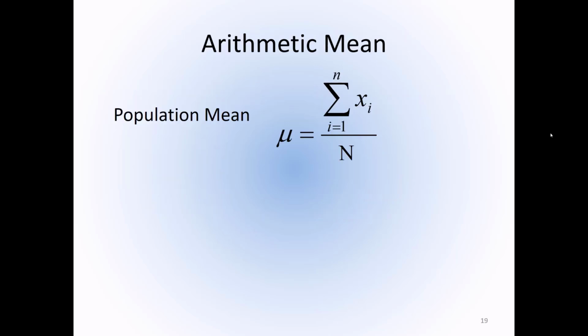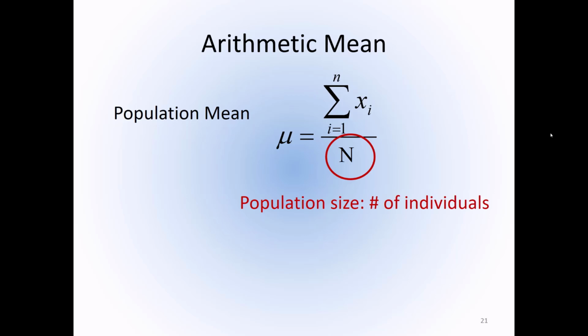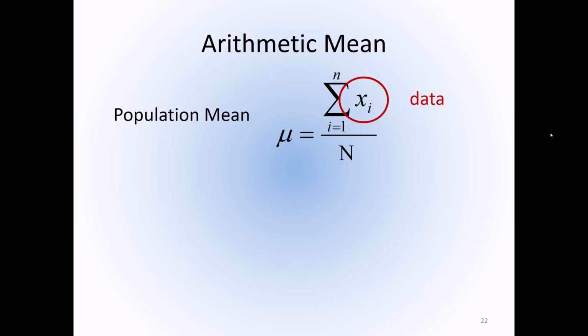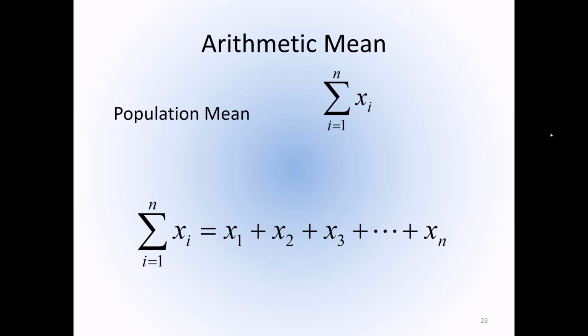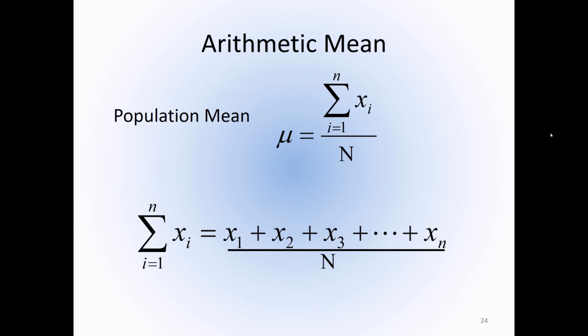So we've got our formula: mu equals the summation of x, which is our data, divided by large N. And large N represents population size, so the total number of individuals within the population. And x in this particular case represents our data. So in order to calculate the mean, first we would take the sum of all of our respective data points for the entire population, and then we'd divide it by the total number of individuals within the population.